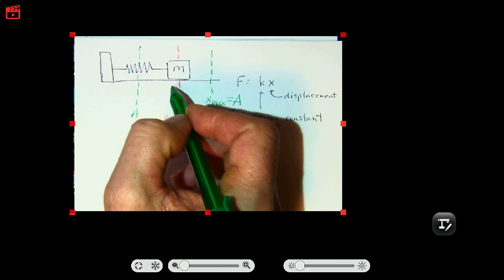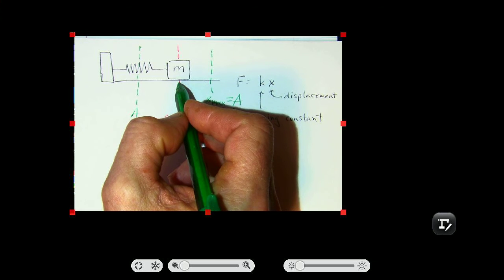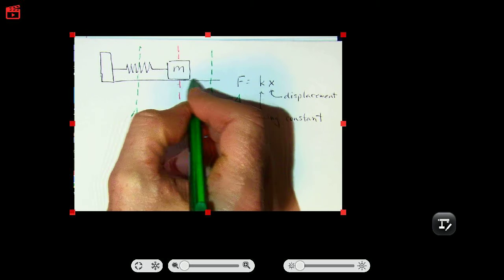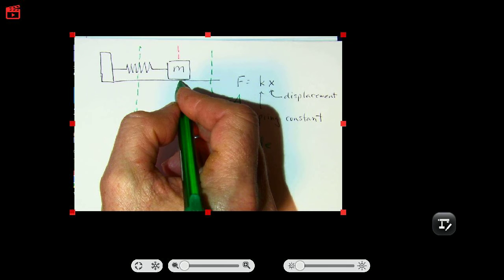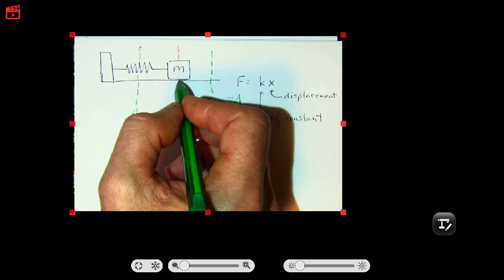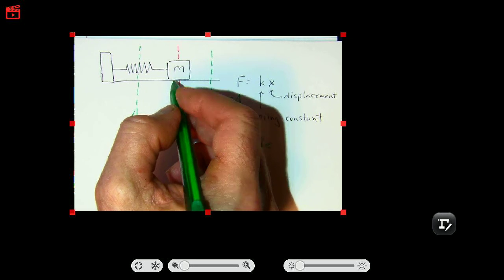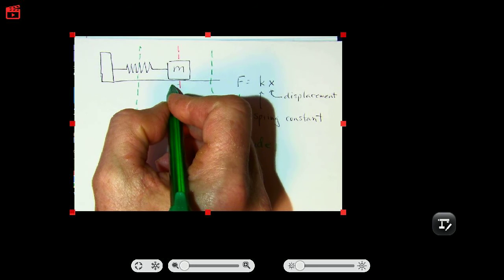That's the key thing here. Nothing is changing its motion when it's at the equilibrium position, so whatever it was doing, it'll continue doing. If it's still, it's going to just stay still. If it's moving, it's going to keep moving at that same speed.